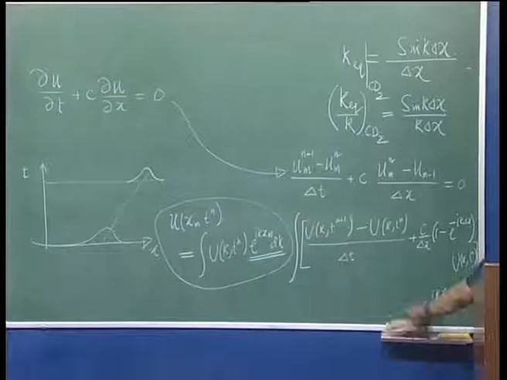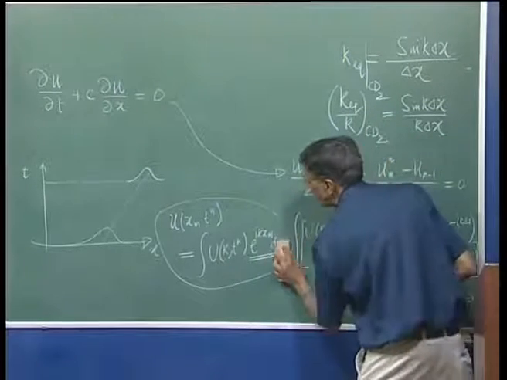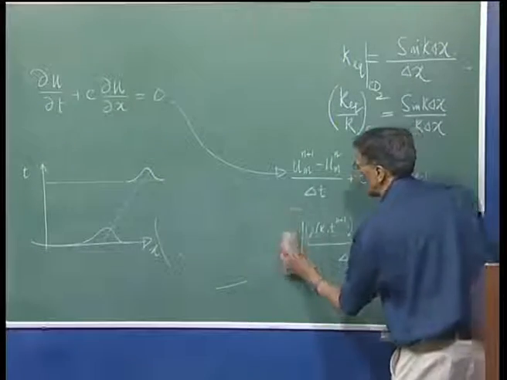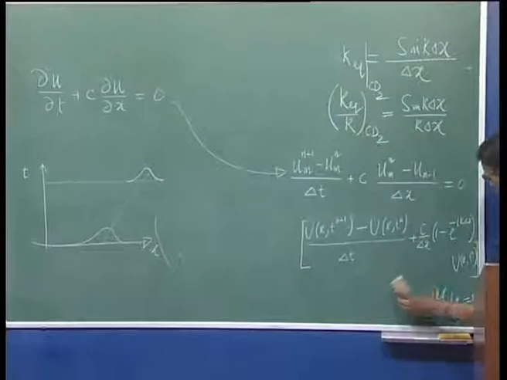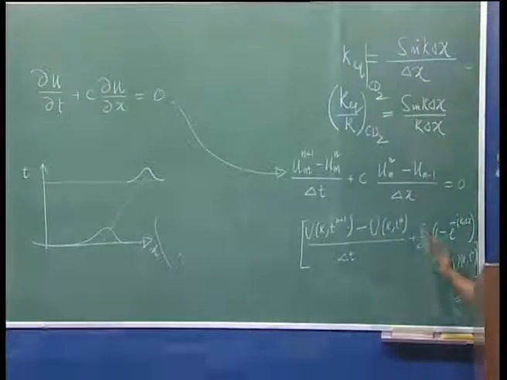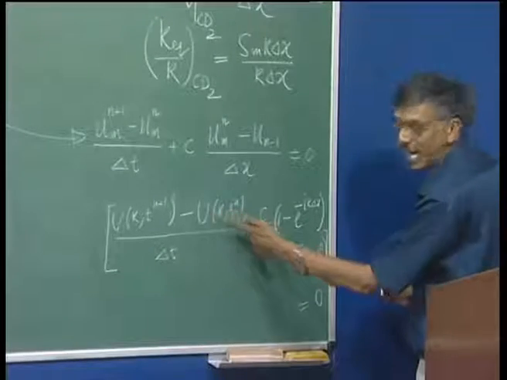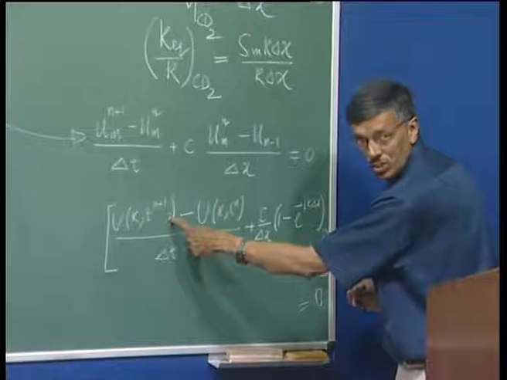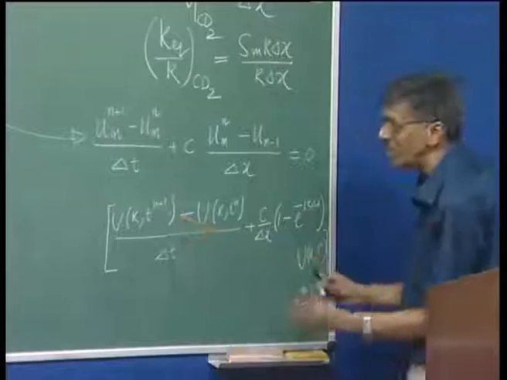So what we have done essentially is say that the integrand itself must be equal to 0, and that is what we are going to write. Now, if I divide this equation by u of k, t n, then this term will give me g, that is the definition of g.